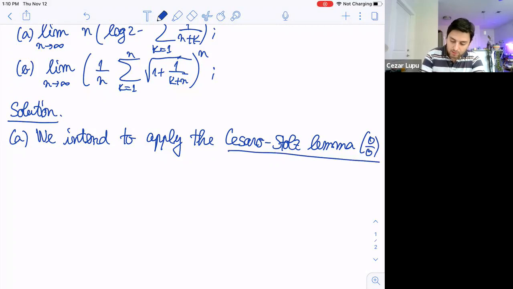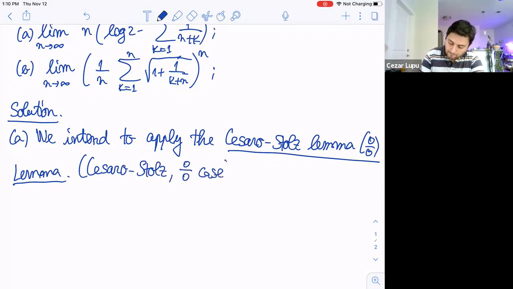Let's state this. Lemma, Cesàro-Stolz, 0 over 0 case. It says the following.